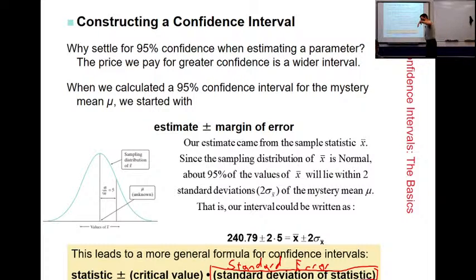All right, so let me back up and go through that again, because it's important that you understand the difference between margin of error and standard error. The standard error is whatever standard deviation formula we're using. For proportions, it's going to be that square root of p times 1 minus p over n. For means, it's going to be standard deviation divided by square root of n.